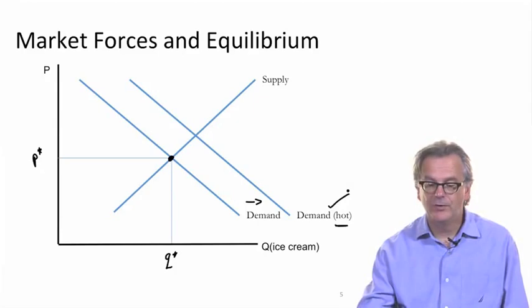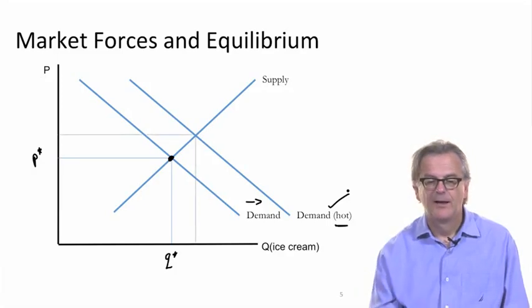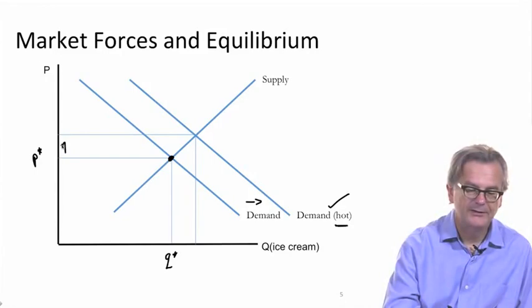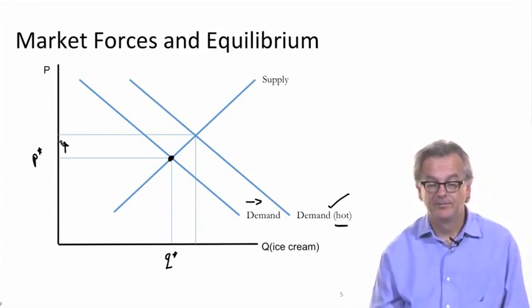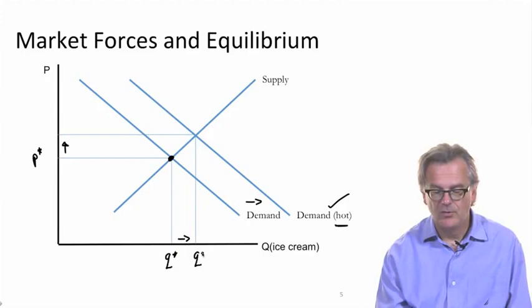And as a result of this rightward shift in demand, market forces are going to lead to upward pressure on price, as there's this extra demand for ice cream. Higher prices call forward more supply, and we would get a new equilibrium.